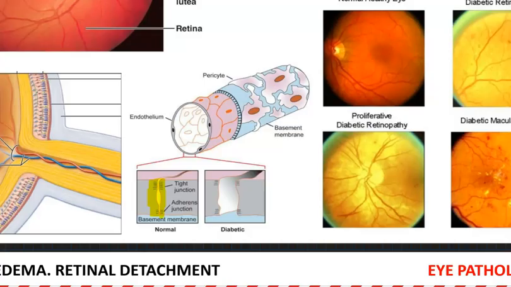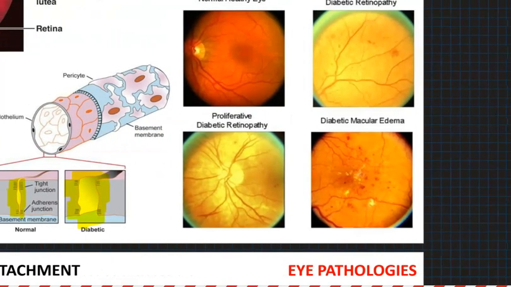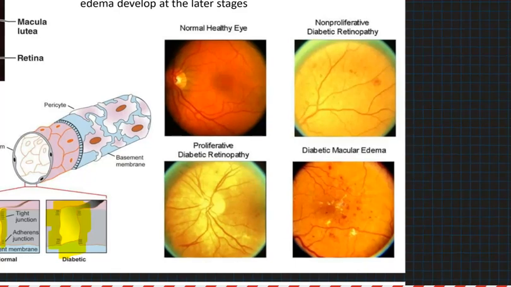In diabetes, the inflammation of those capillaries results in the gaps, and you start seeing blood leakages. And the decrease in blood supply to the retina.